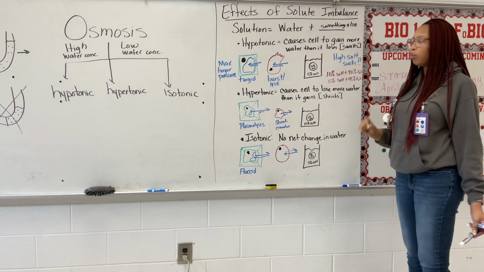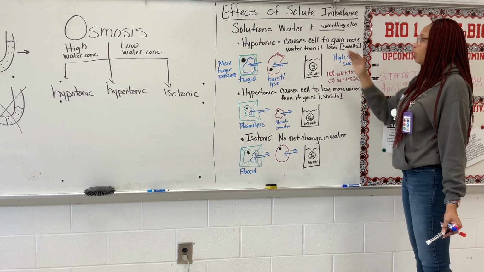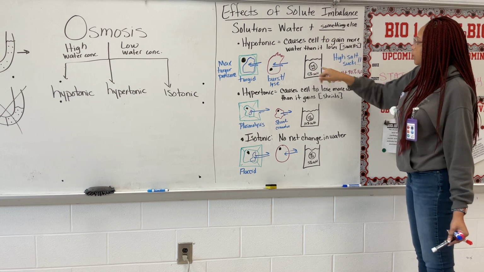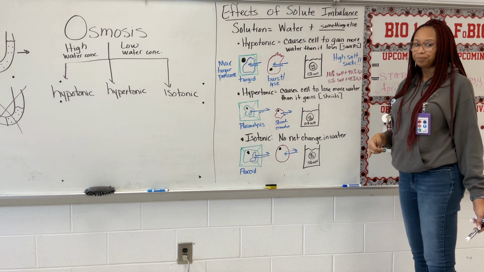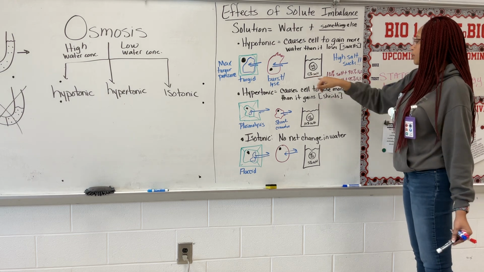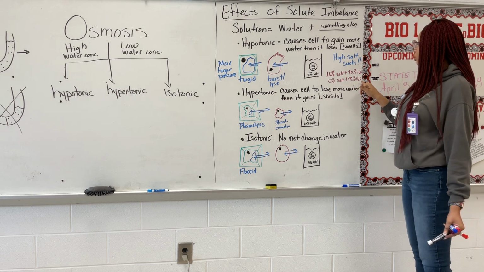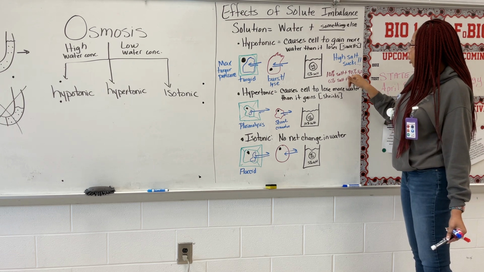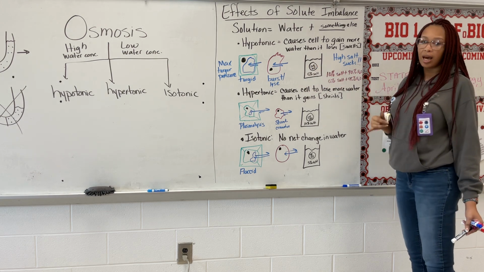A solution is 100% of something, right? It's 100% of water plus something. So if I'm 10% salt, that means I'm 90% water inside the cell. If I'm 5% salt outside of the cell, that means I'm 95% water. And the water's going to go from high water to low water. So the water's going to go from outside to inside of the cell.